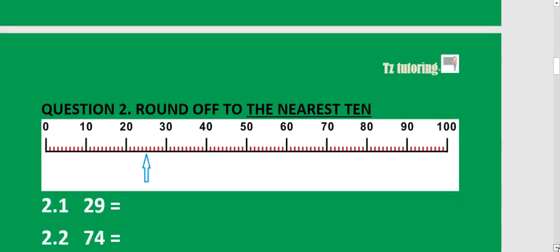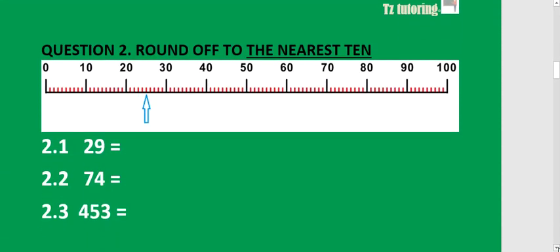Rounding off numbers to the nearest 10. Now, as you can see, we need to use multiples of 10. And the multiples of 10 from 0 would be 10, 20, 30, 40, 50, 60, 70. I think that's easy enough for everyone to understand. So if you're rounding off to the nearest 10, then you need to use the multiples of 10. So between which multiples of 10 is 29?